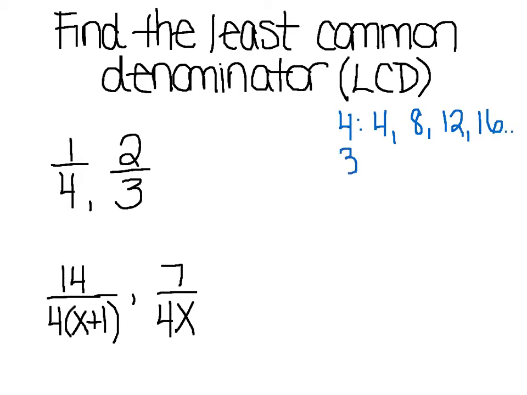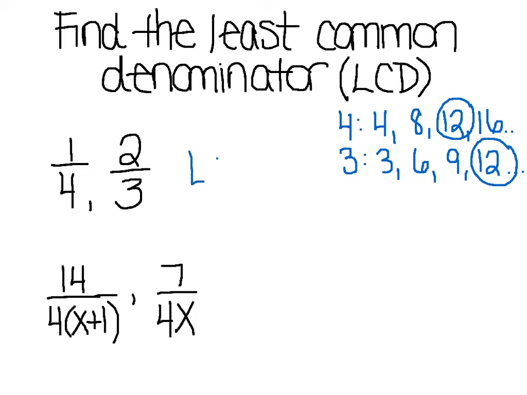And then multiples of 3, we have 3, 6, 9, 12, and so on. And our smallest common multiple is 12. So that's what we want the LCD to be. The LCD is going to be 12. Now, all I'm asking you to do here is find the LCD, so we're not going to worry about adding or subtracting these or changing them to their equivalent fractions.